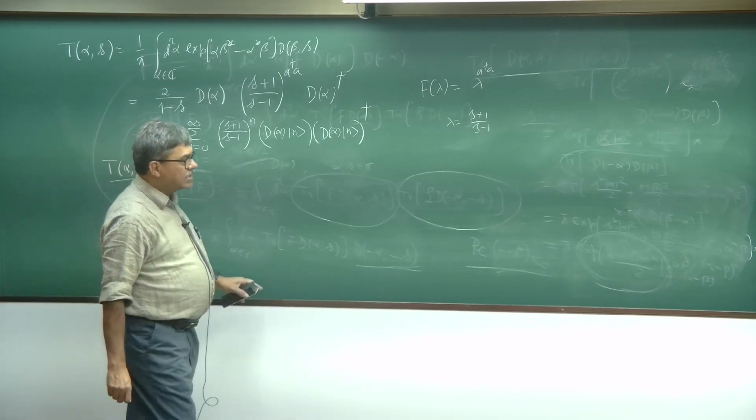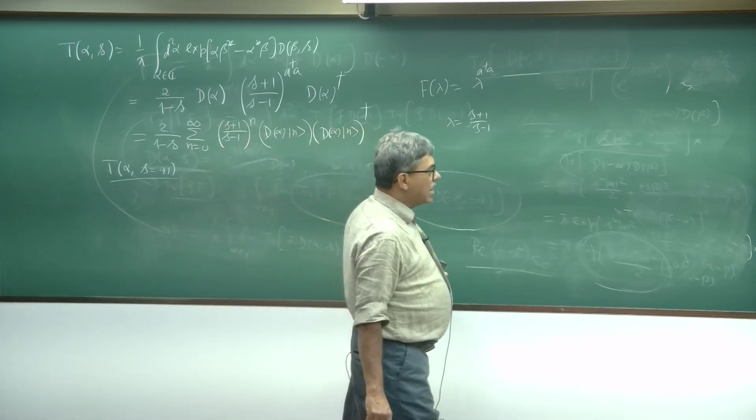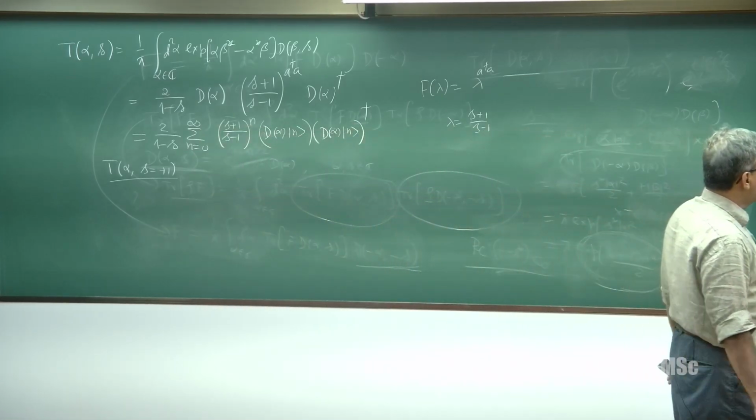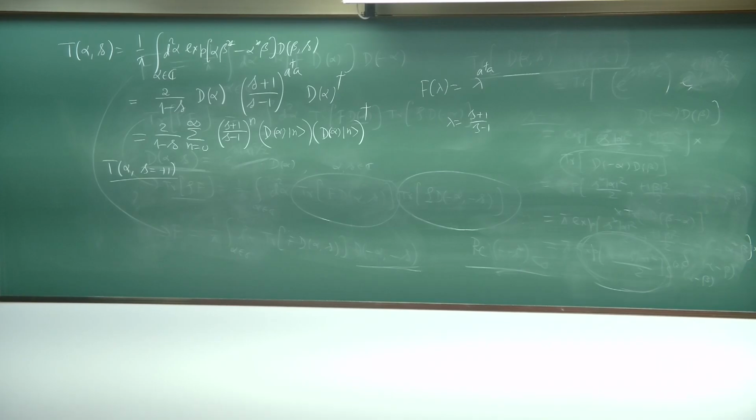And you know that this is required for the P distribution, s equal to plus 1. As a result, this P distribution will have lots of singularities.